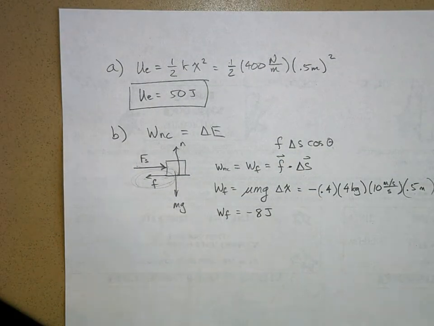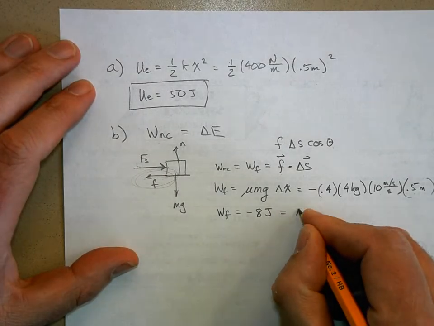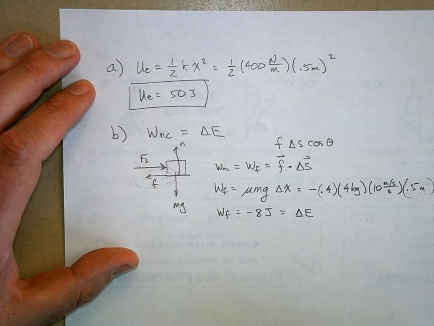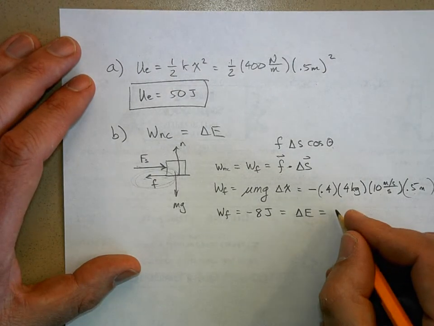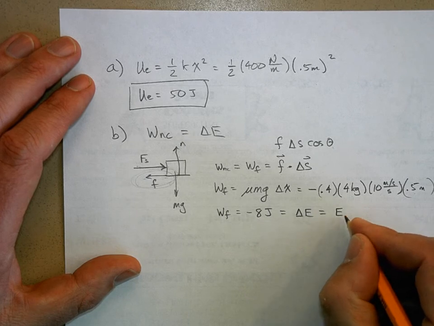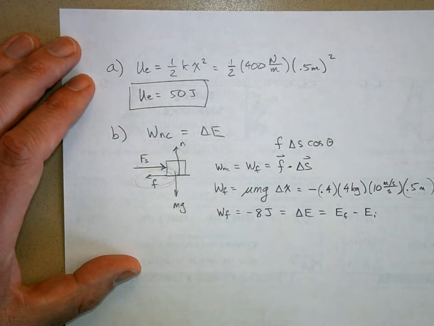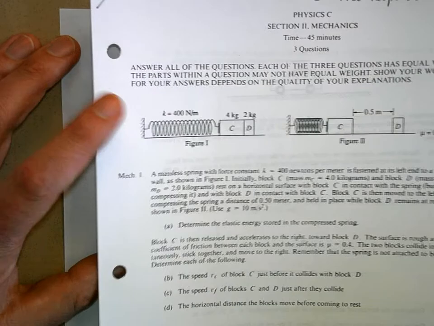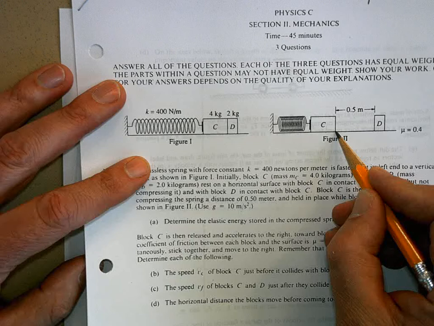So that means my change in mechanical energy is equal to E final minus E initial. Well, we know what E initial was. It was the energy stored in here before I released it.